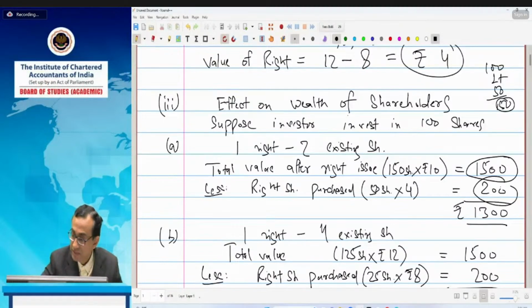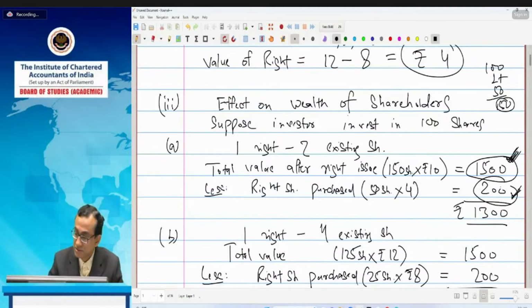This portion he already got because he is the existing shareholder. 100 shares he already has, and 50 shares he additionally got through the right issue. So you can say this is his market value, and from that, whatever amount he has expended towards the purchase has been deducted.